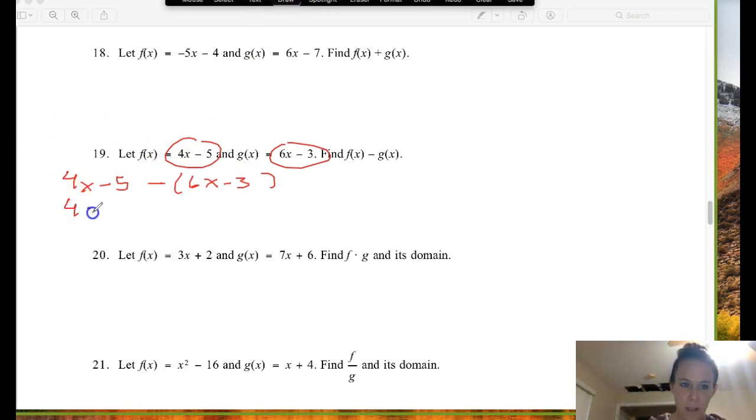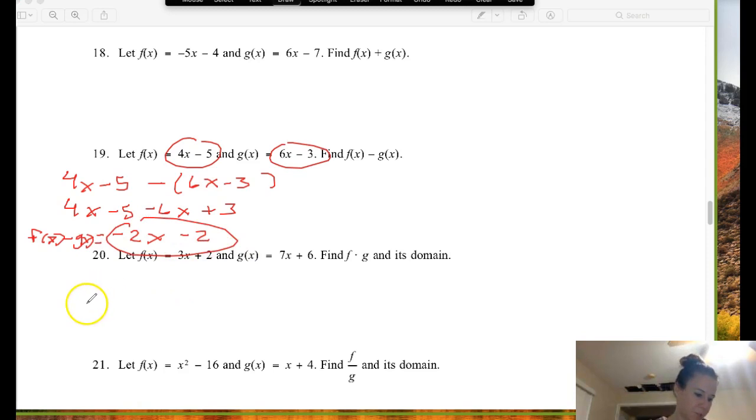So we'll have 4x minus 5, distribute, -6x, and then plus 3. Combine like terms, 4x's minus 6x's are -2x's. -5 plus 3 is -2. So f of x minus g of x is this function, our new function, -2x minus 2.